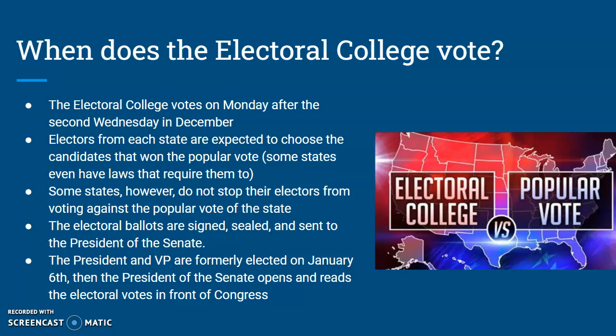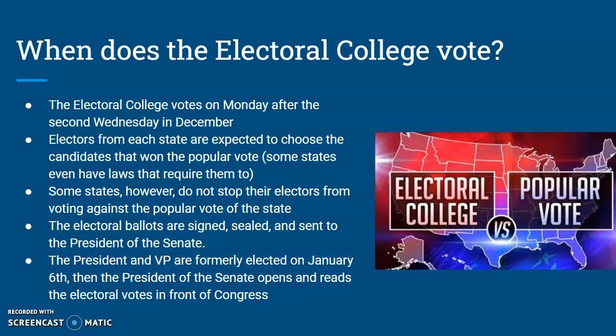For the most part, if they win the popular vote in that state, all the electors in it are going to vote in that direction in the Electoral College. Some states even have laws requiring that they vote in the same direction. But some states, however, do not stop their electors from voting against the popular vote of the state. And that's how we end up with situations like what happened in 2016.